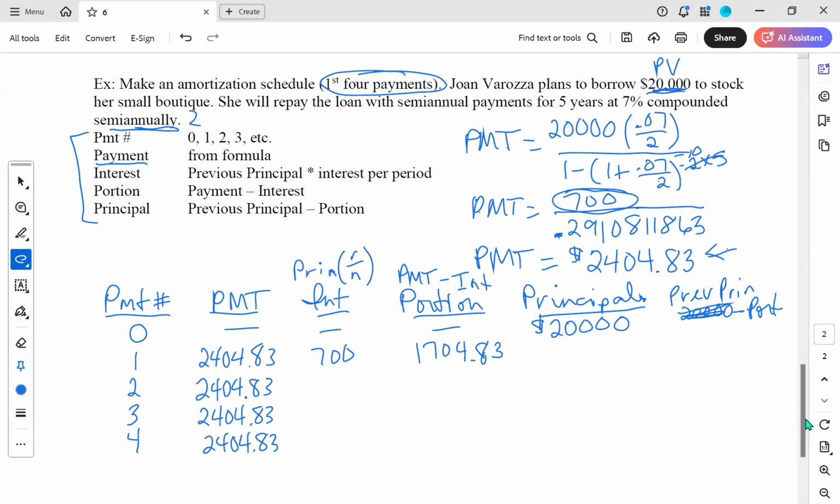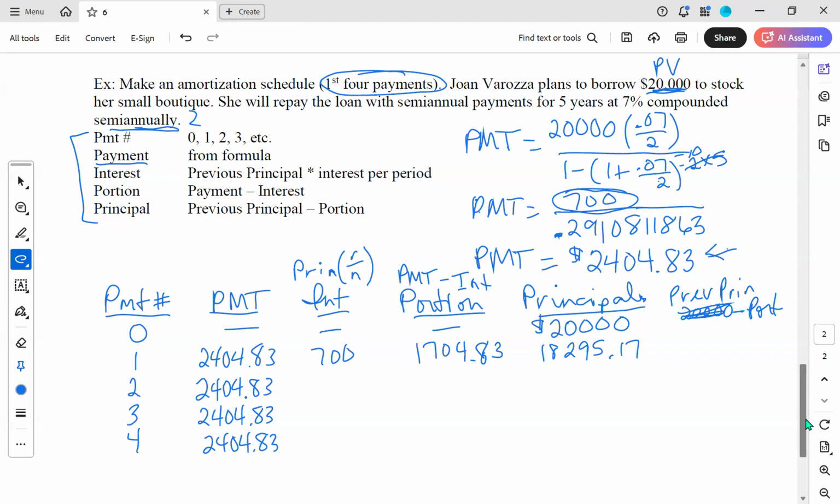So in this case, we got 20,000 minus our portion. That gives us $18,295.17. Everything in this chart gets written as dollars and cents, so you don't continue the decimal on in this chart, just because in the real world, they don't have anything past cents.